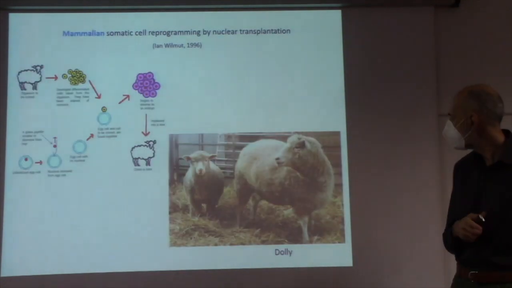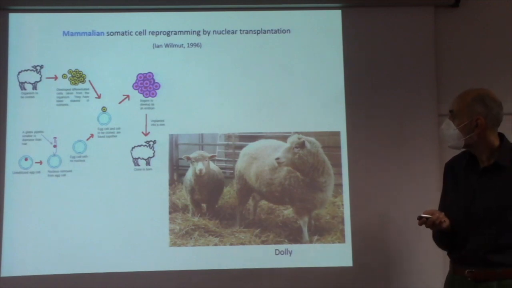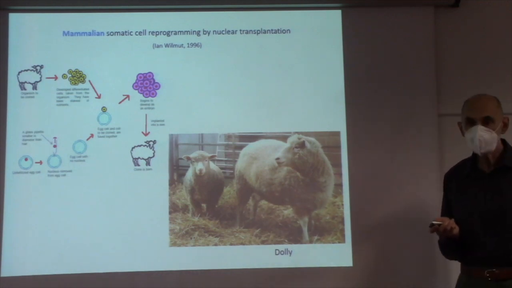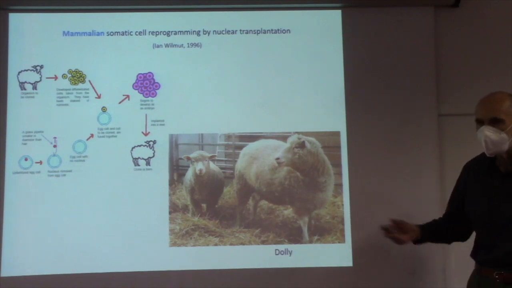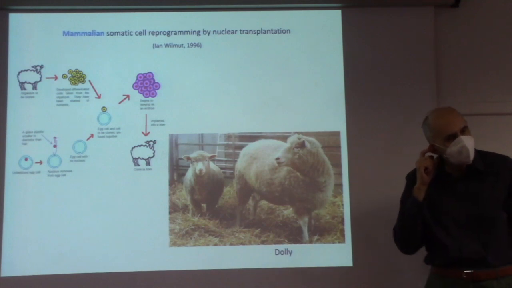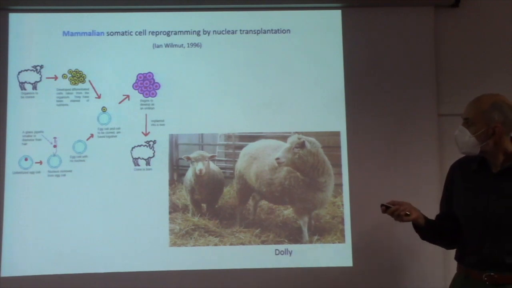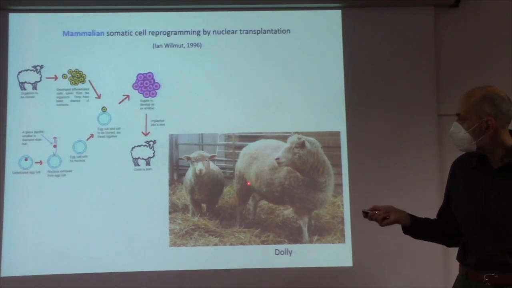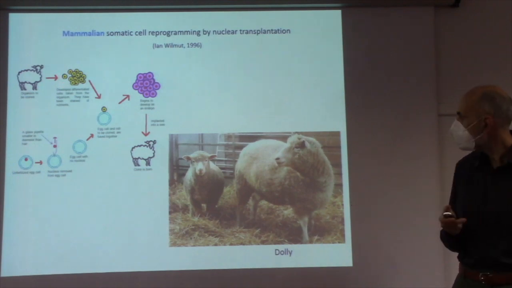But then, in 1996, Ian Wilmut published the famous Dolly experiment. This is Dolly. Actually, this is Dolly, and that's her mother. The experiment was just like that of Gurdon. Wilmut took an oocyte from the mother and transplanted into it the nucleus coming from a mammary cell, in that case.